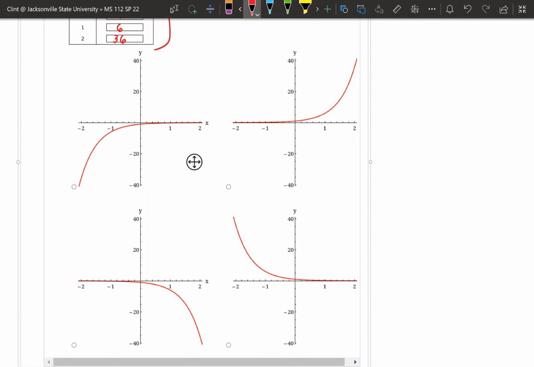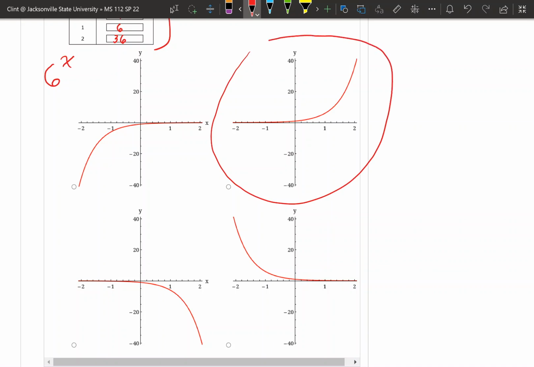Our graph, we're looking for the graph of that one. 4. 4 would be it if it was that. Then that would be 4. This one, since our base is bigger than 1, is going to be this one. And so it starts off small and then gets really big.